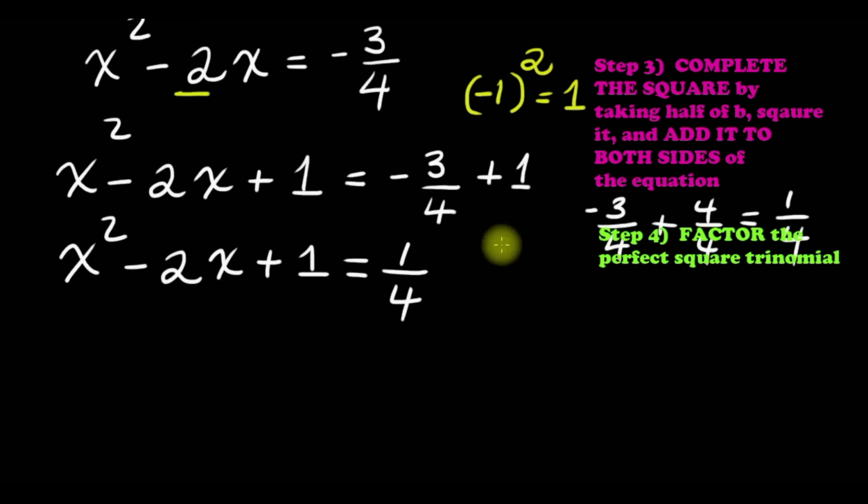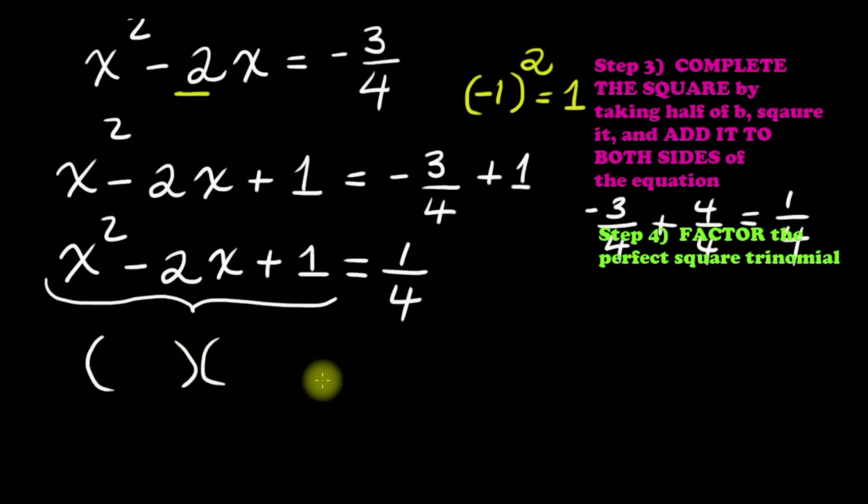Step 4 is to factor the perfect square trinomial. So we're going to factor this. This is your perfect square trinomial. So we're going to need 2 binomials. Factor this into 2 binomials. We need an x and an x.